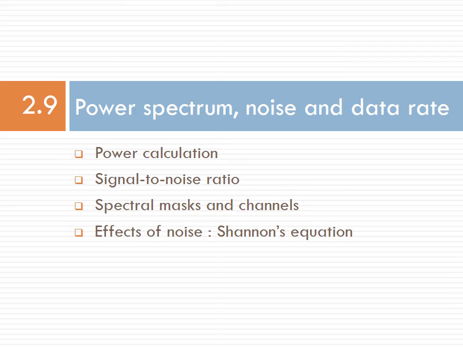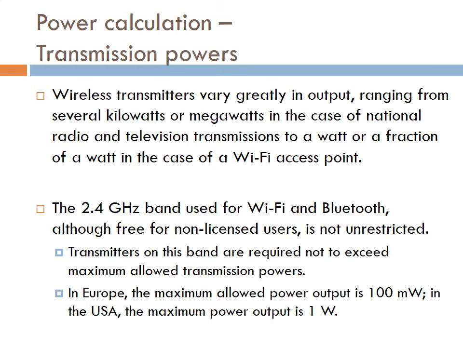Now we'll start with the section on power spectrum, noise, and data rate. As we have seen, a modulated carrier has a bandwidth that occupies a spread of frequencies rather than a single frequency. So the power transmitted is distributed across a spread of frequencies over the channel band.